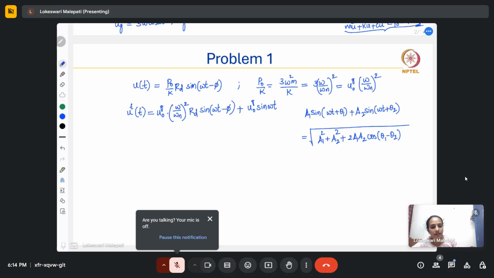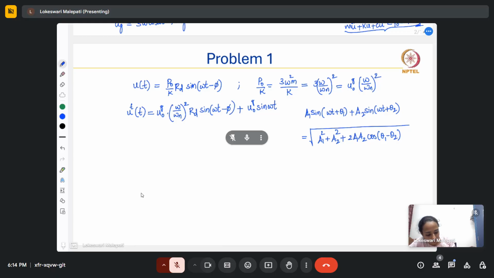This is a standard result in trigonometry which we will use for finding the amplitude of ut of t.